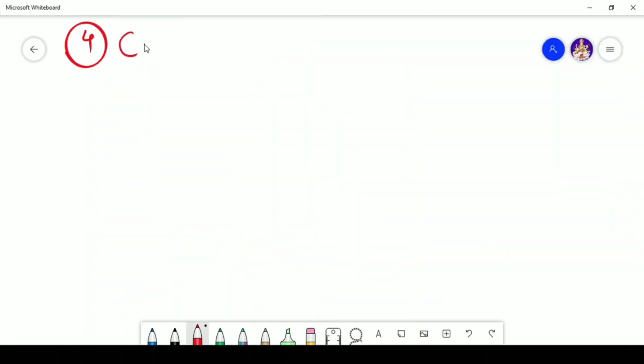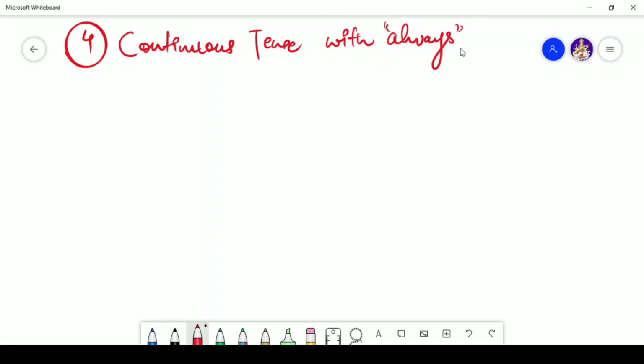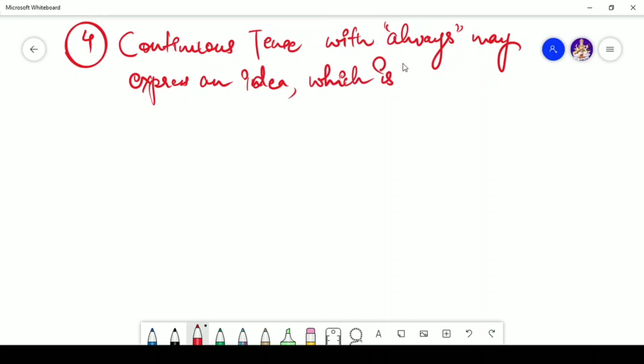Fourth use of continuous tense. Now see, continuous tense with always may express an idea which is not in favor of the speaker or which is not the liking of the speaker.